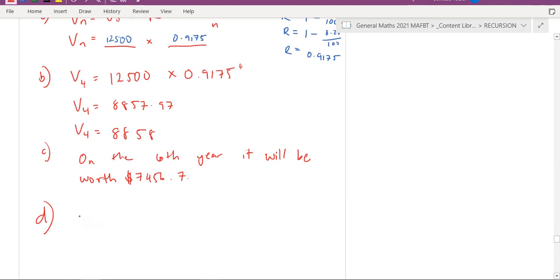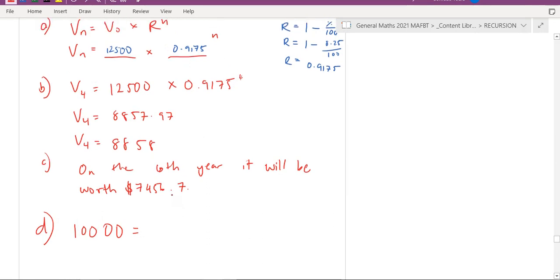So your formula is going to look like this: 10,000 is equal to V0 times 0.9175 to the power of 4.